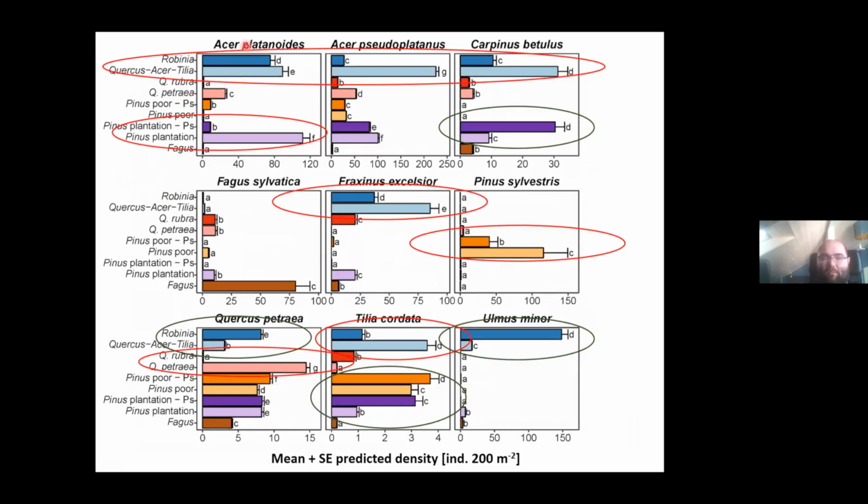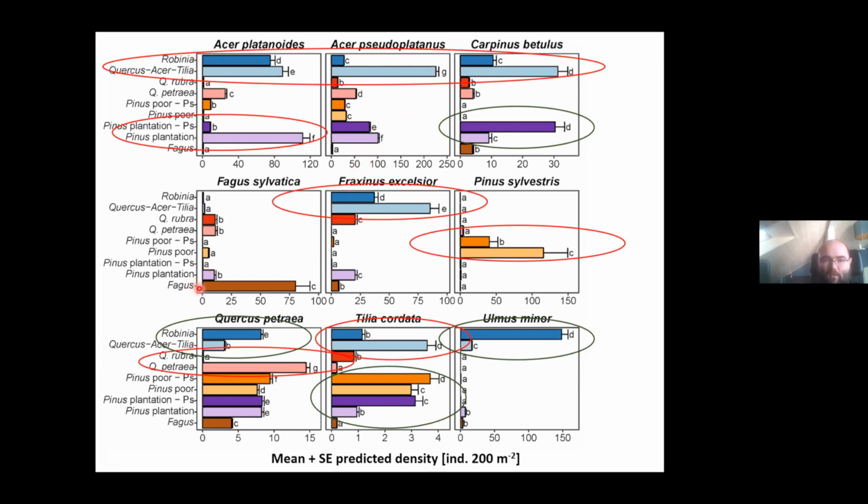But looking at the particular species regeneration density, we can see that, for example, for maples, we found in oak hornbeam forest higher regeneration than in stands with similar trophy, but dominated by Robinia.